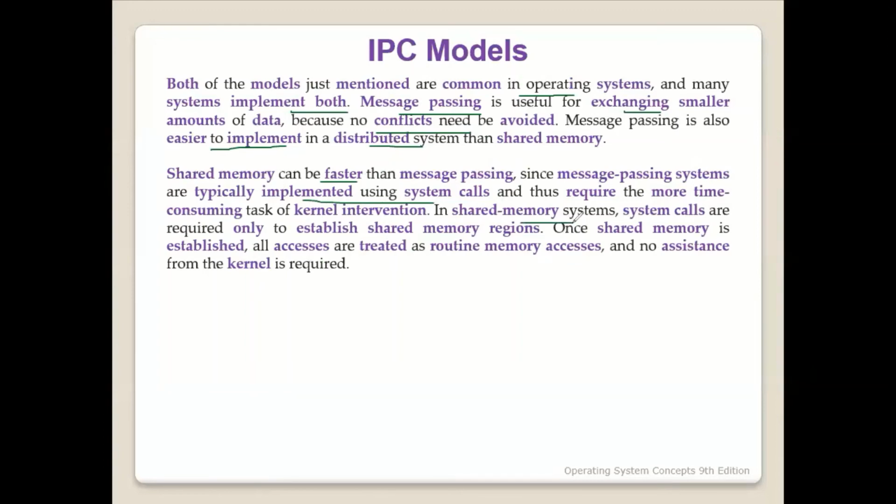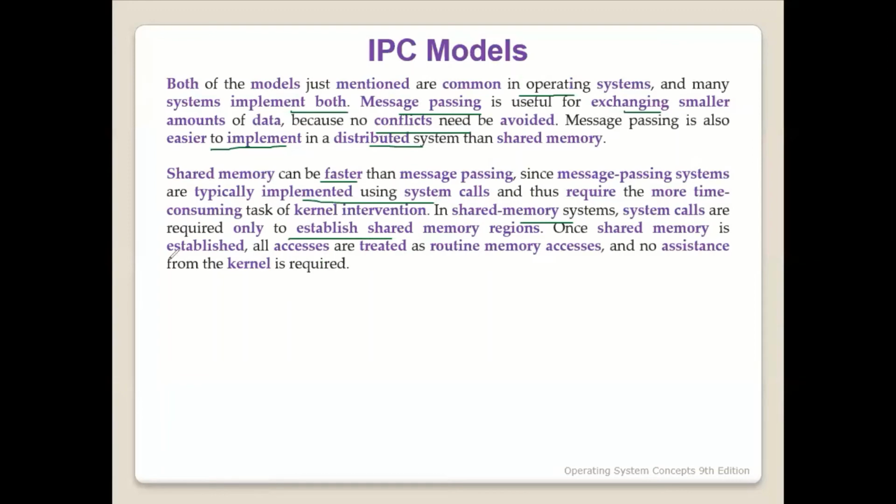In shared memory, system calls are required only to establish the shared memory region. You just establish the region, set up one particular location in main memory for shared memory. System calls are used to set up that shared memory location. That's it.